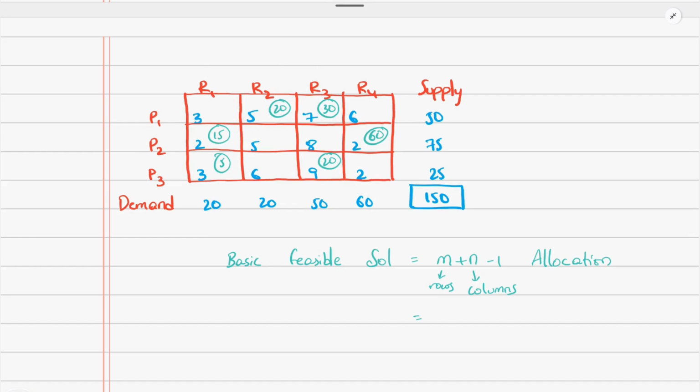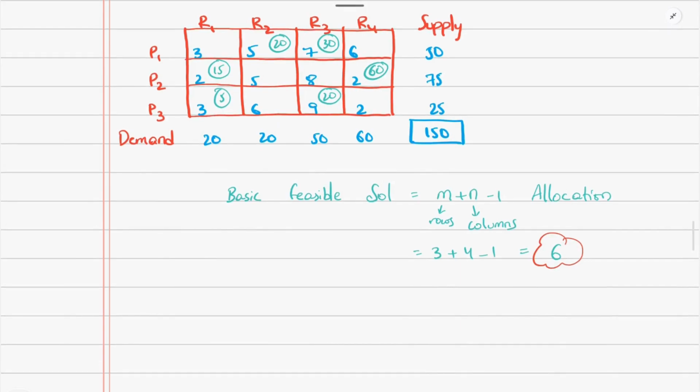Very simple. So 3 plus 4 minus 1. That means we need to make 6 allocations to call it a basic feasible solution. And we made 1, 2, 3, 4, 5, 6 number of allocations. So this is a basic feasible solution. This is our solution. Now we will write all the costs.